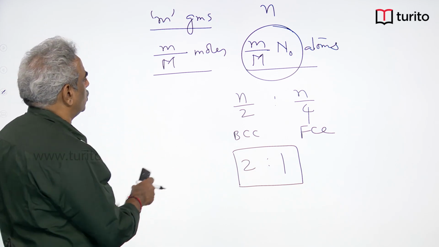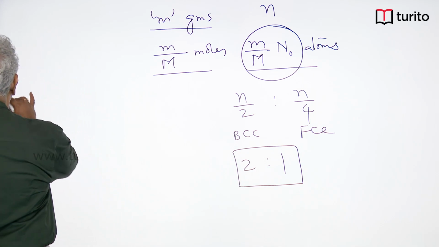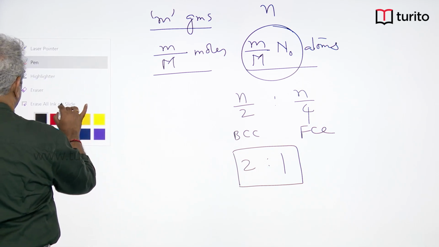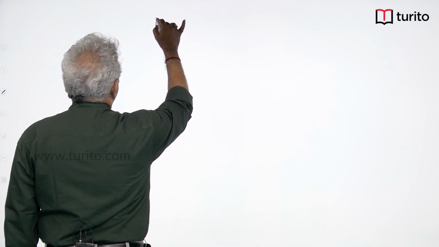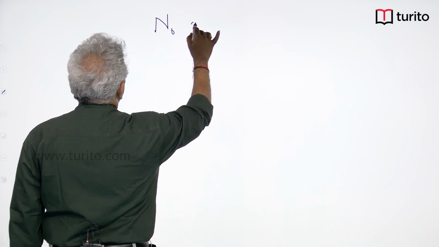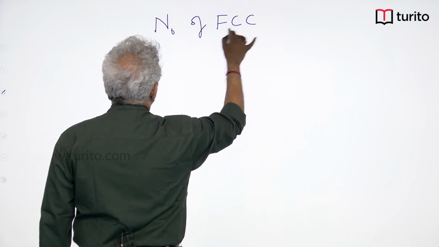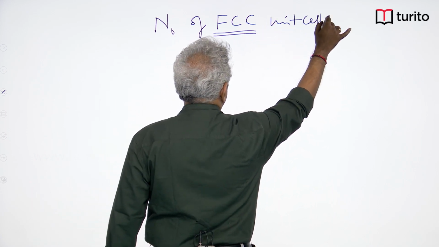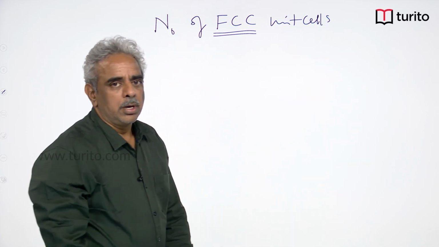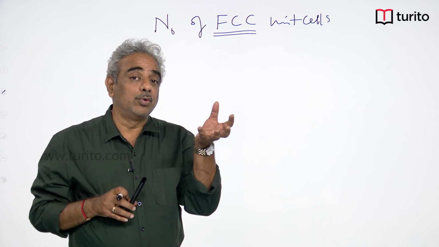Now let us go through one more interesting calculation. I have 1 mole of FCC unit cells. I have got 1 mole of FCC unit cells.